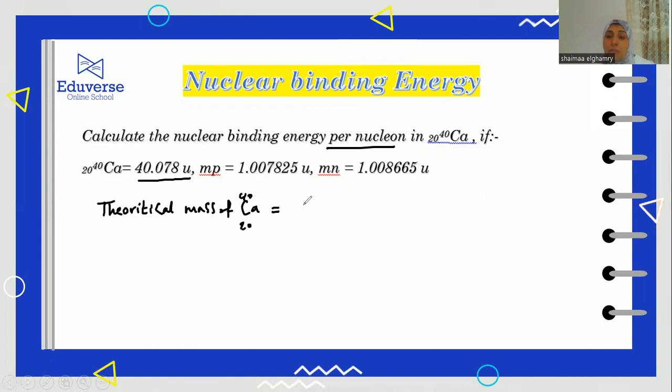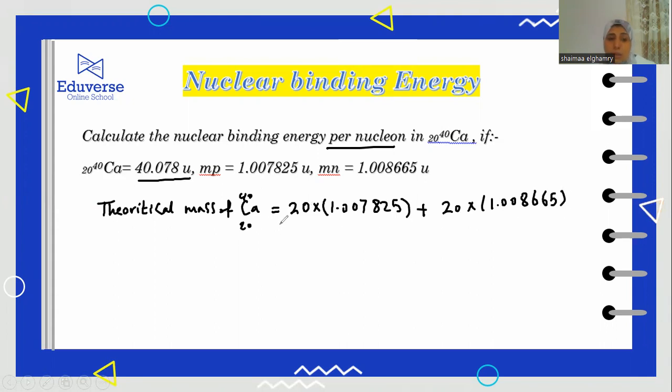The number of protons that we have, 20, times their mass, which is 1.007825, plus the number of neutrons, 20, times their mass, which is 1.008665.